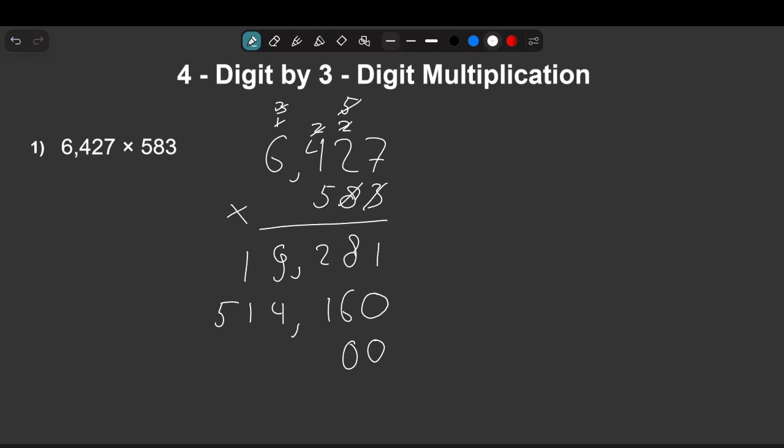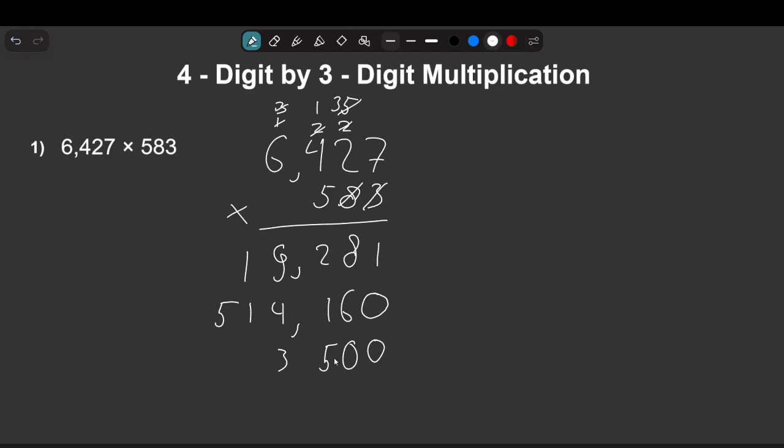So we're going to start by doing 5 times 7. So 5 times 7 equals 35. So we're going to write down the 5 right here and carry over the 3. So now we're going to do 5 times 2. 5 times 2 equals 10, plus 3 equals 13. So we're going to write down the 3 over here and carry over the 1.